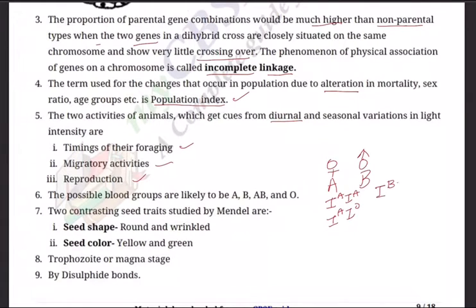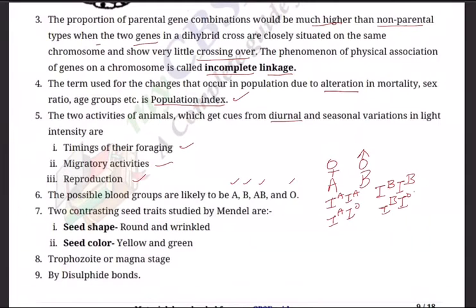In case of the father, it has to be IB IB, one genotype, another genotype is IB i. Now taking the cues, you get the answer. The possible blood groups are A, B, AB and O, because the combinations are seen here.